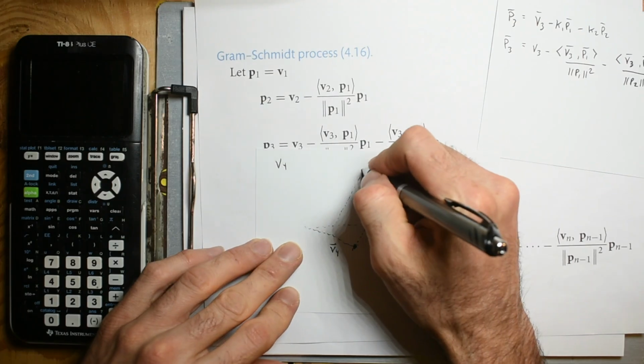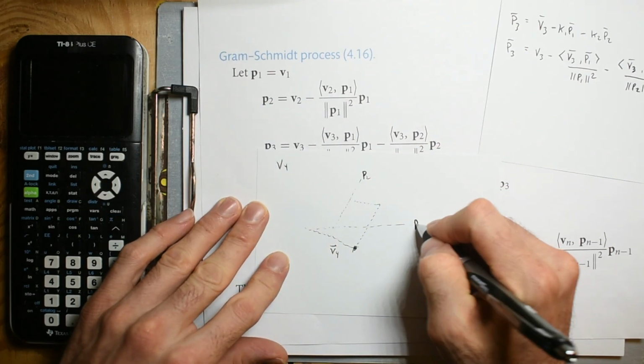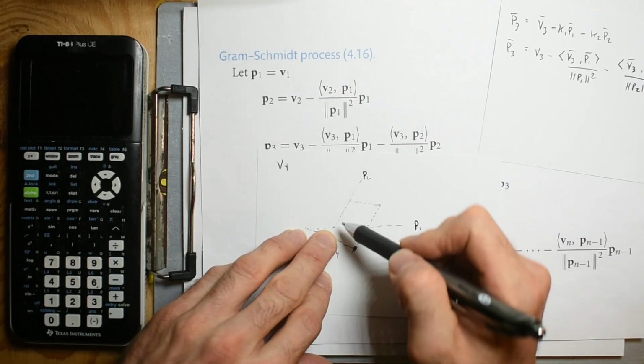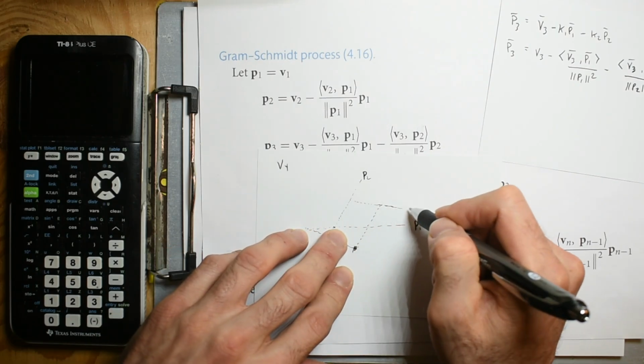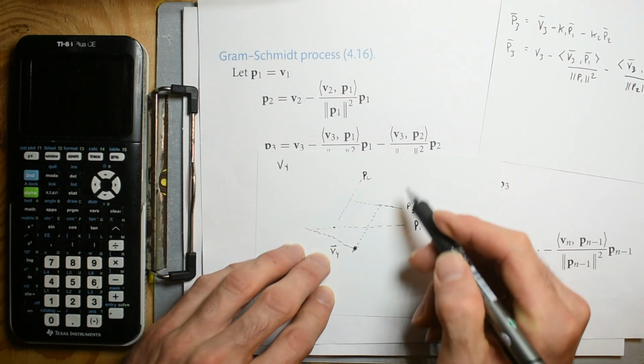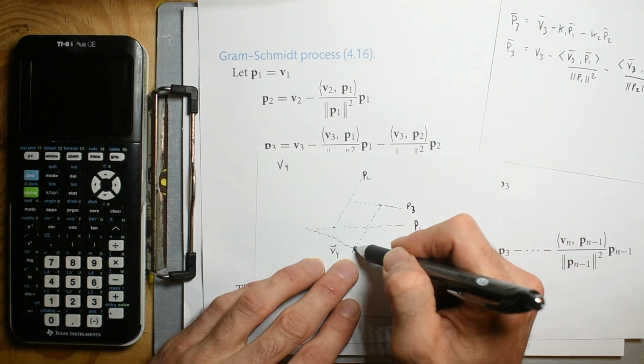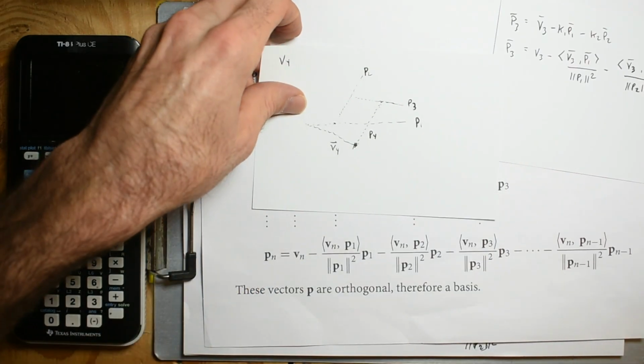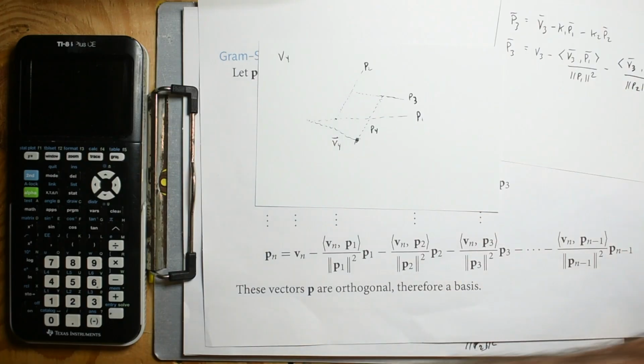Let's use this one. We're going in the direction of the first perpendicular, then the second perpendicular, and then the third perpendicular that we found. Now we're going to go in the direction of the fourth perpendicular, the one we don't know. The process is the same, so we can get our equation.